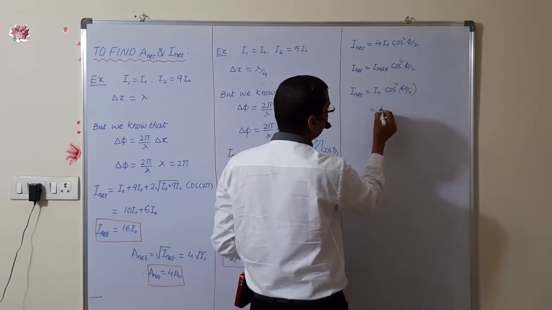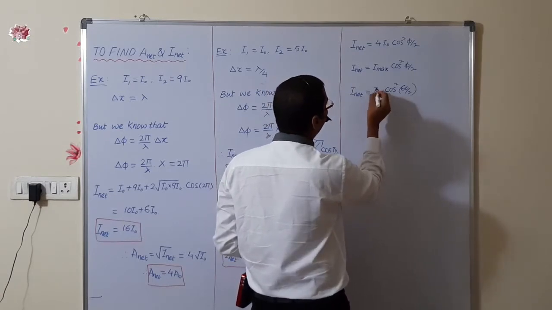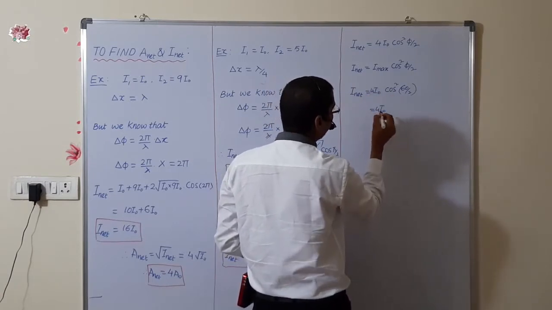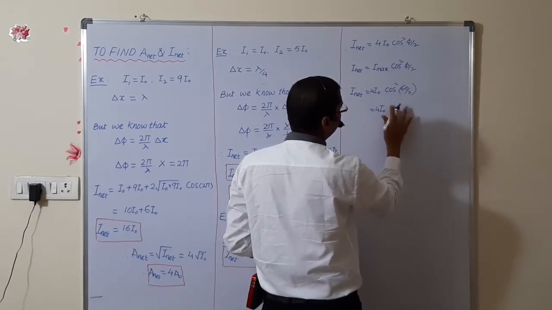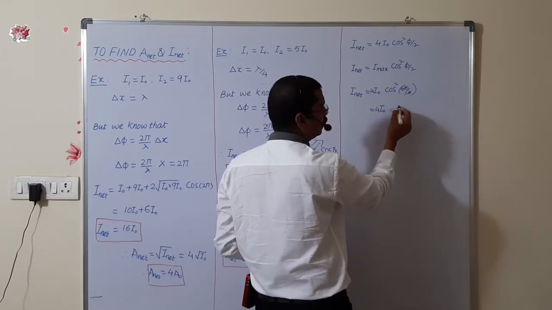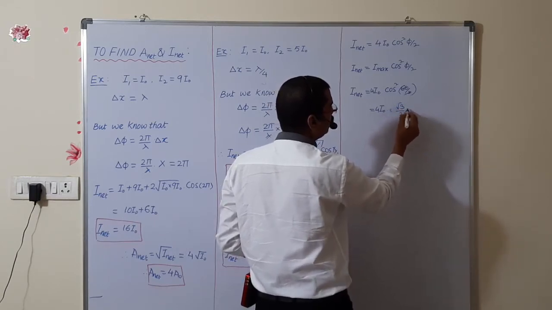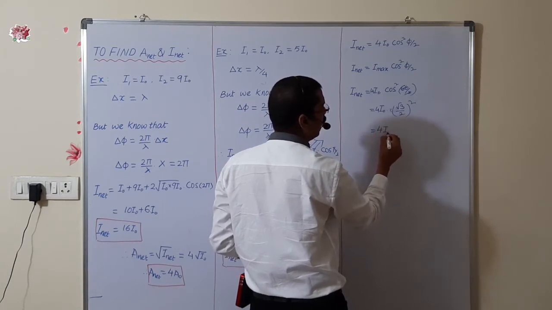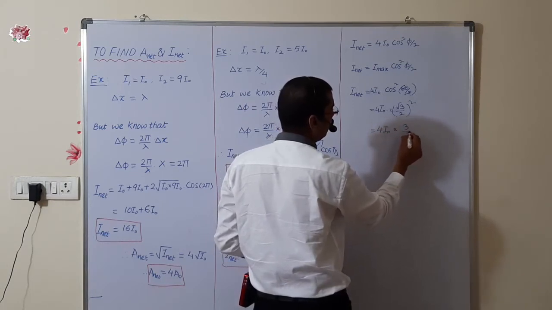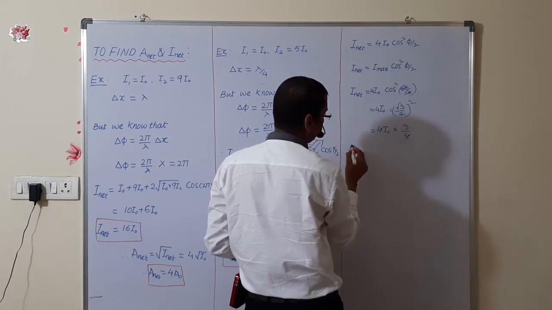That time what will happen? I net is equal to 4 I naught, and cos 30 is root 3 by 2, whole square. Now 4 I naught into 3 upon 4, the 4 will cancel.